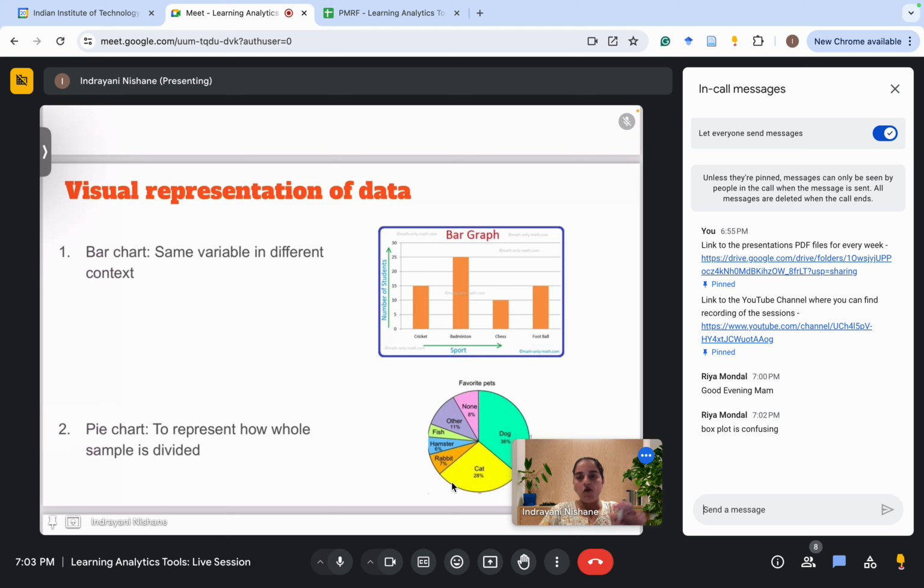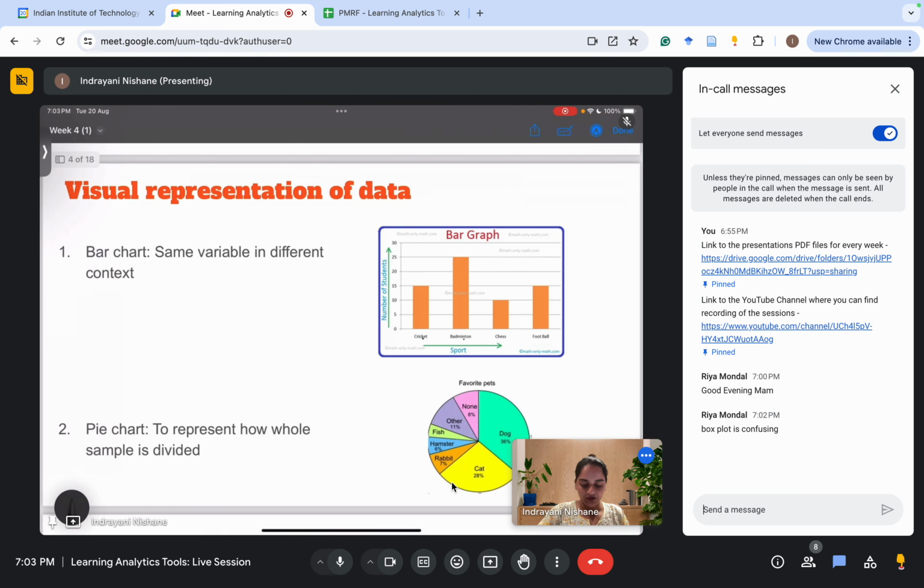So now we'll quickly see what different visualizations we can use and for what purposes. Yeah? So, a bar chart is generally used for the same variable in different contexts. Context is generally on the x or y-axis, and on the x-axis the same variable we are putting. So right now different types of sports are mentioned here on the x-axis compared to how many students have enrolled for that particular course.